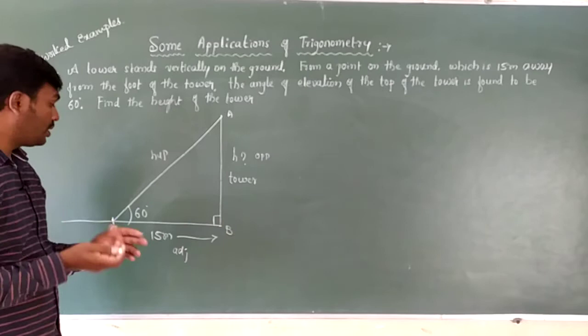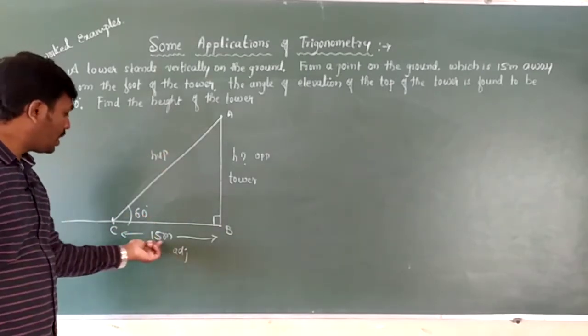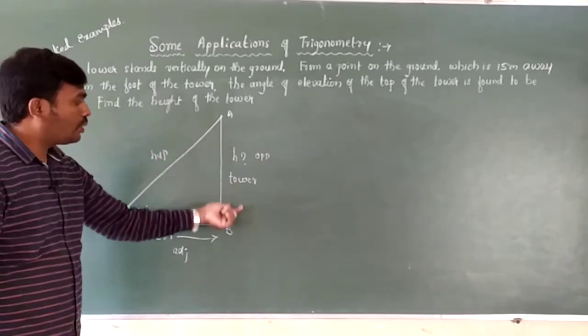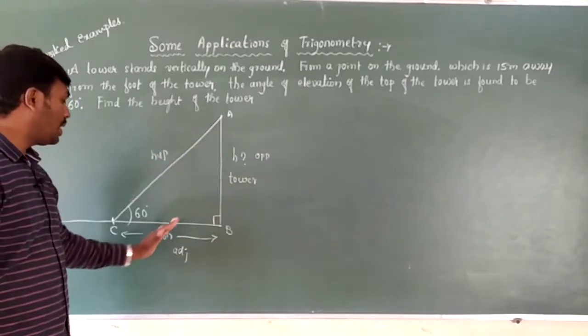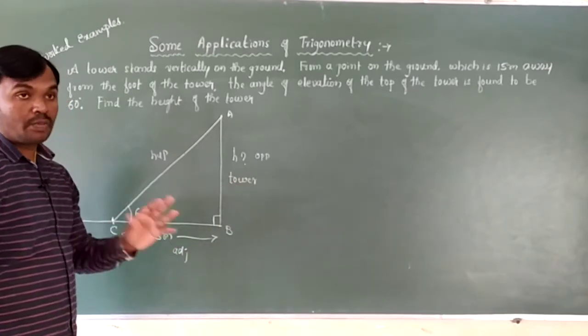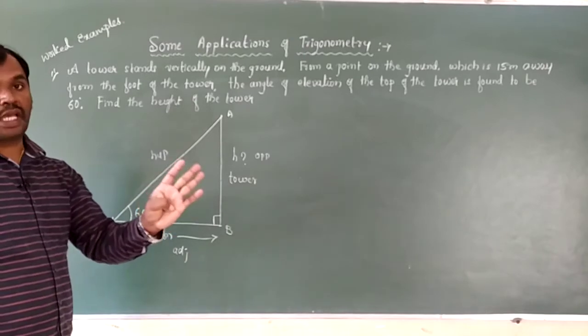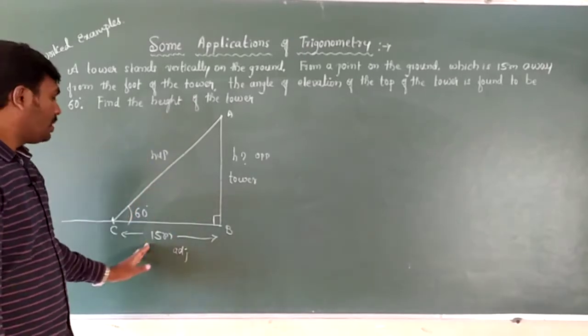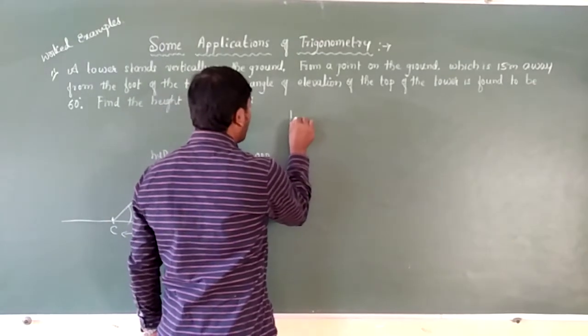How can you identify this? You must go from the known things to the unknown things. Here you know one thing and you don't know the other. So what is the relation between these two? Opposite and adjacent. Which trigonometric ratio gives the relation between opposite and adjacent? It should be tan or cot. I will use tan.